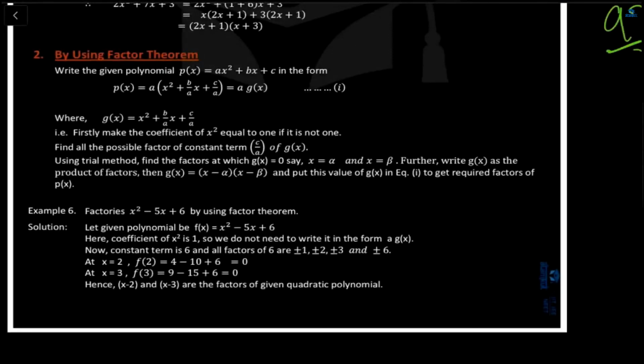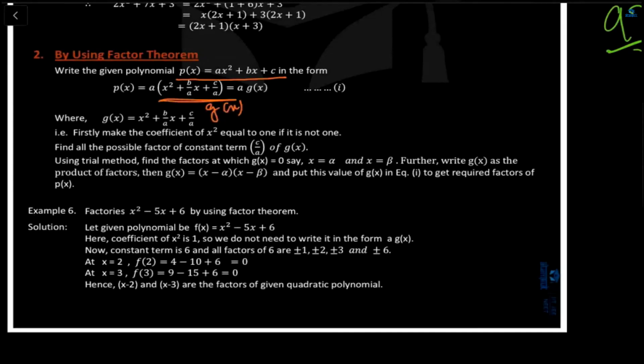For example, in ax square plus bx plus c, the coefficient of x square is not 1, it is a. So we are going to take a common. In bx and c, a is not there, so we cannot take it out directly; you are going to divide by a. So it is a bracket x square plus b by a x plus c by a. So we got it in the form of a g(x), where we are assuming that the whole bracket is g(x). So it is a g(x).